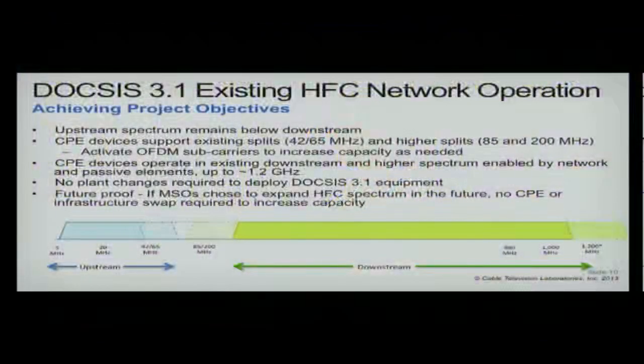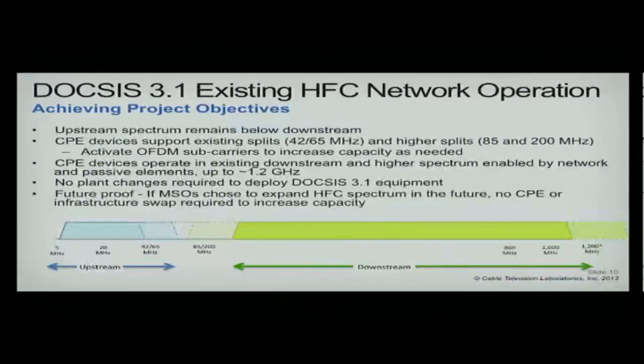And the last objective was existing network operation. Here, in the graphic at the bottom, you can see in the cable plant, all the upstreams are below the downstreams. And we're sticking with that. The main thing we're doing is moving the split where the upstream stops and where the downstream starts.